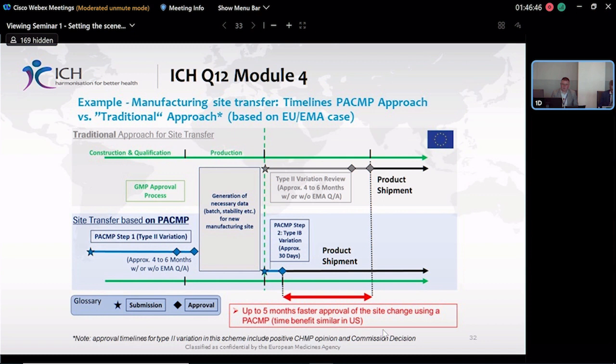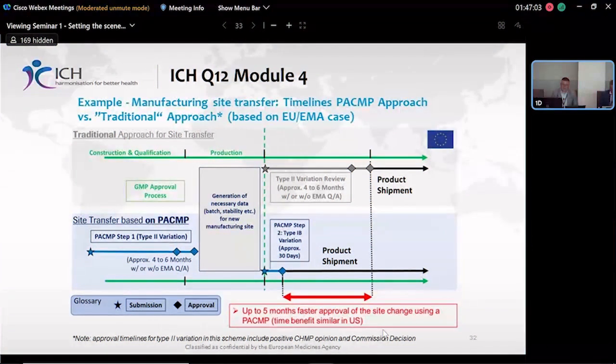So that's when we follow the traditional approach to site transfer. You wait until all data is available, industry make the variation submission, and then in that assessment procedure, we assess everything, the strategy, the results, everything.